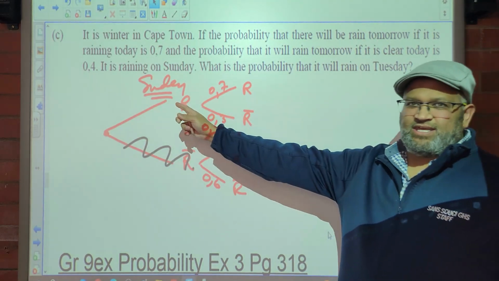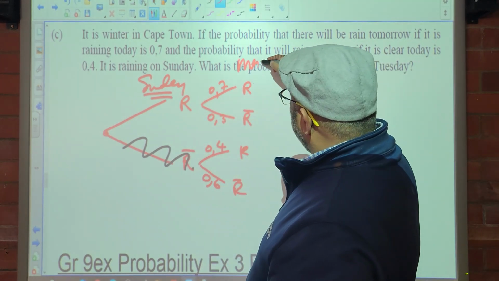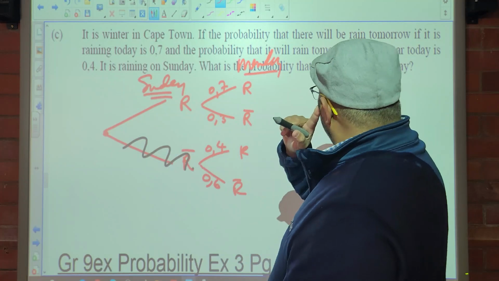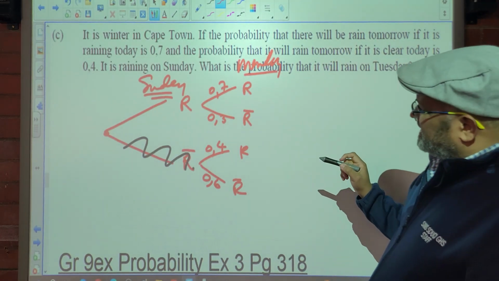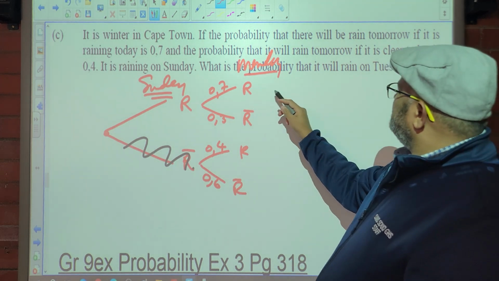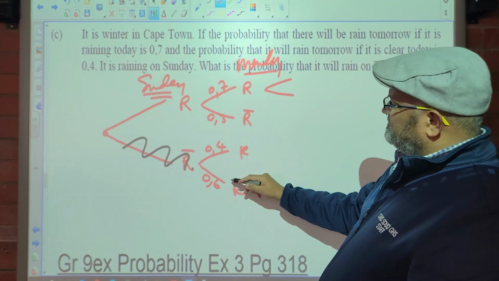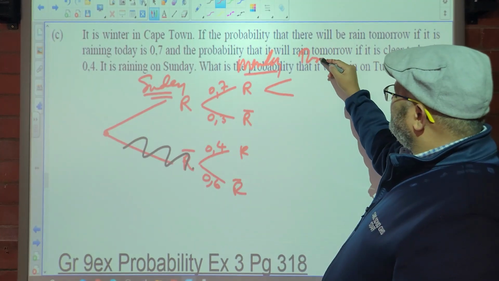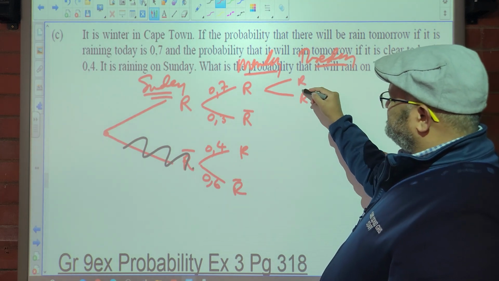So if it rains on Sunday, then this is Monday. Yeah? Okay. So if it rains on Monday, then on Tuesday, rain and no rain.